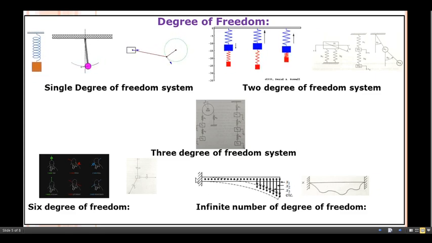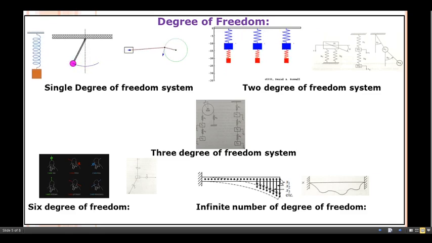If I focus on this cantilever beam, and a displacement is given to the beam at its end, then every particle available on this cantilever beam moves by a different distance.